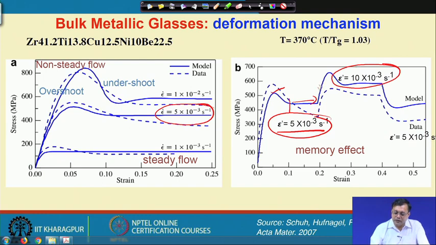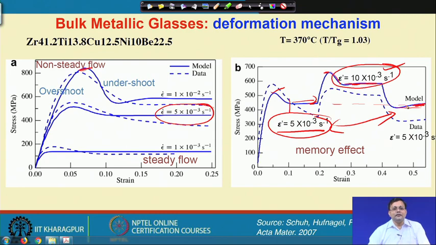Definitely it will go here, because these are somewhat on the same scale, and then again there will be undershooting and some steady flow, and then again I go back to the initial strain rate, which is lower than this one. And then again I can see that the steady state could be reached at that particular level.